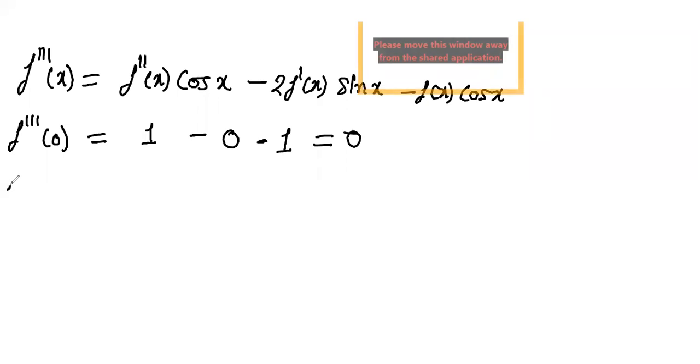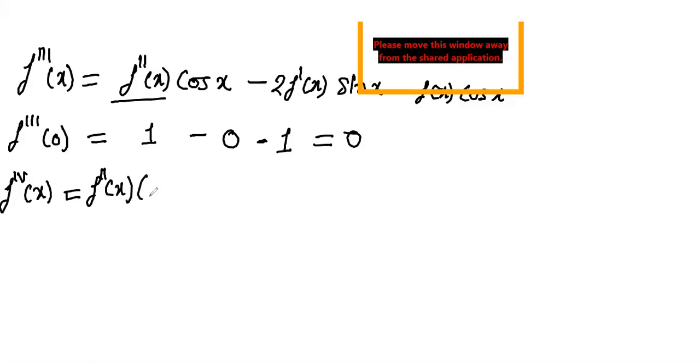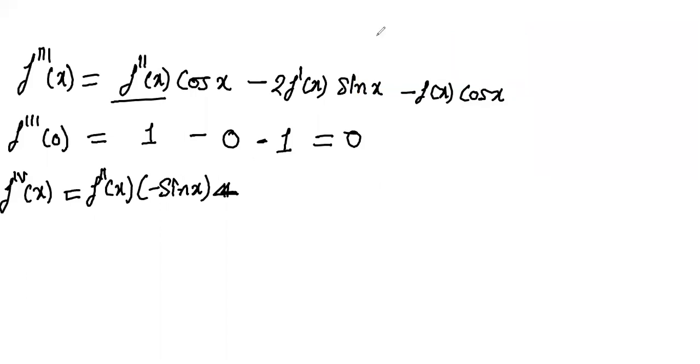Then again, if we differentiate it 4 times, f double dash x is the first function, cos x, and its derivative is minus sin x, plus cos x, then f double dash becomes f triple dash x.